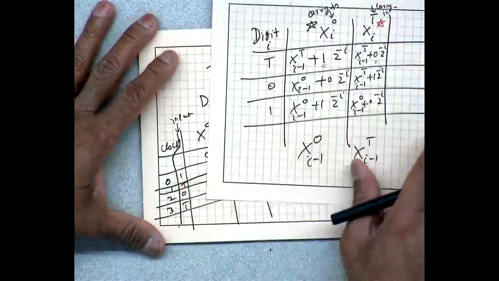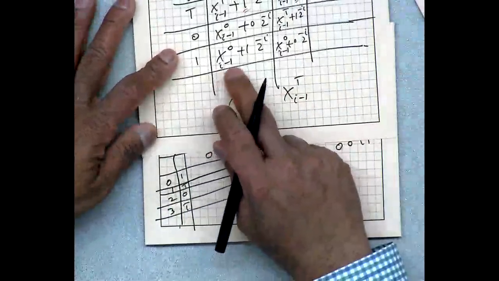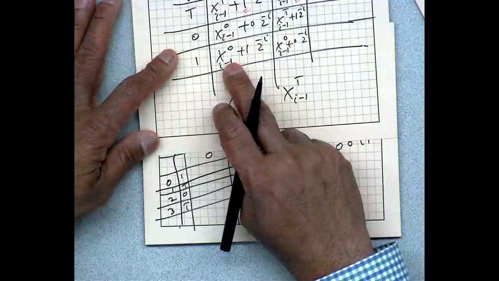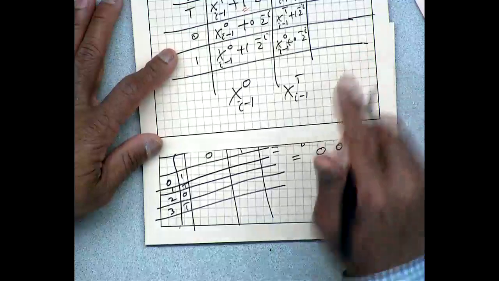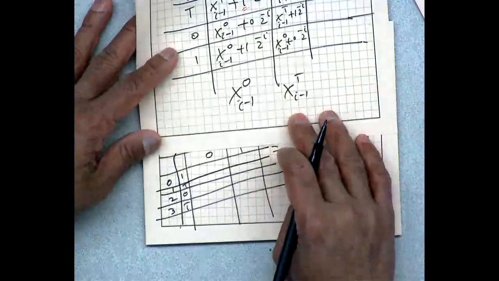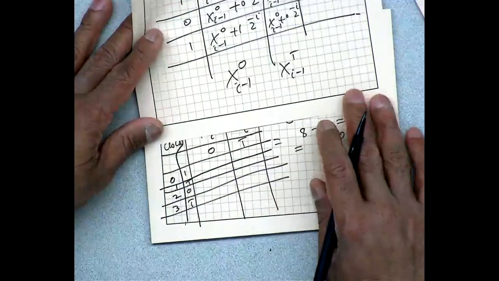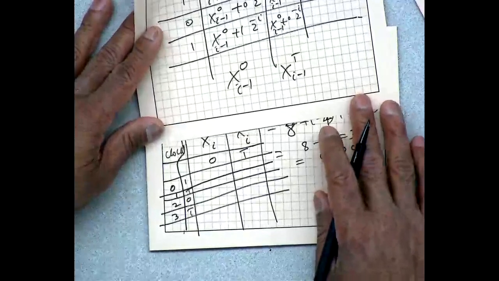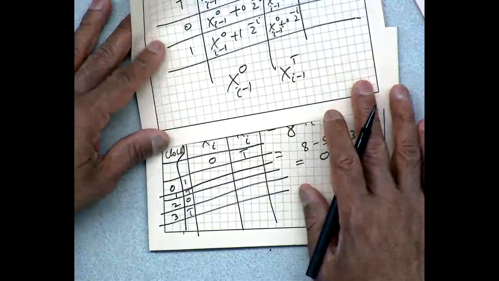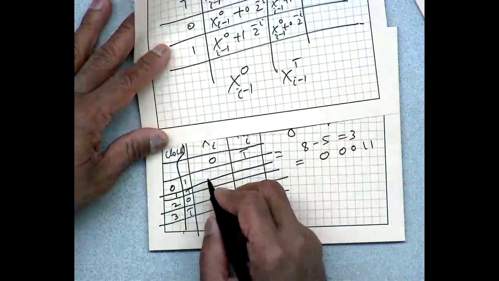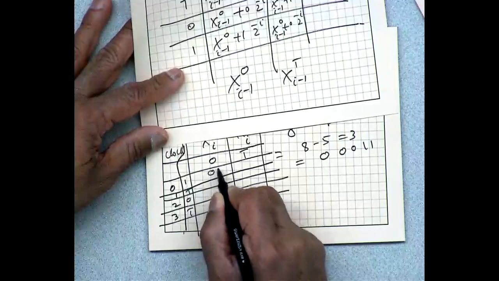So if the digit is 1, then what are these values? x_{i-1}, 0, x_{i-1}, 0, and then append 0, 0, 0, 1, so this is 0, 1.